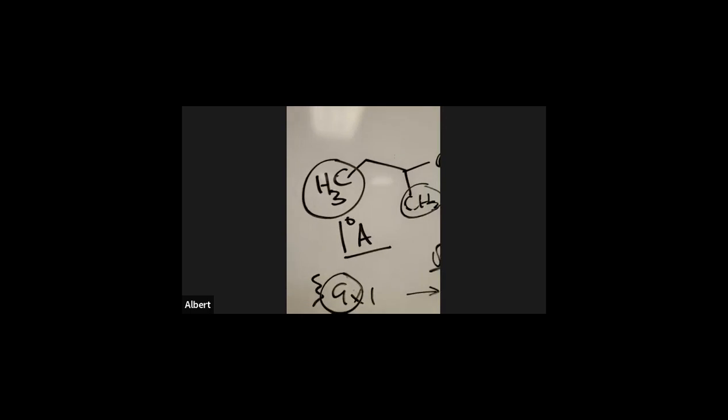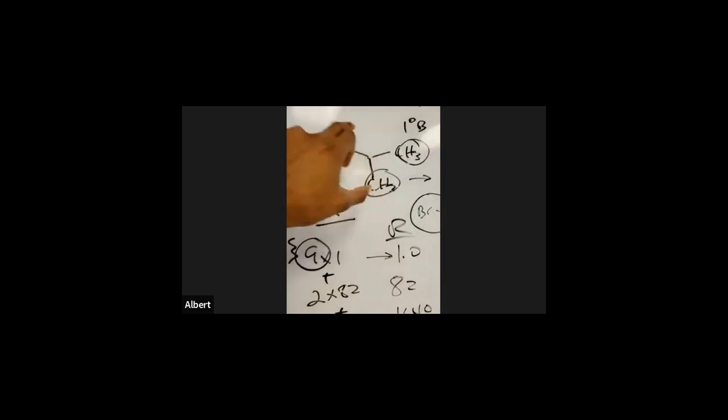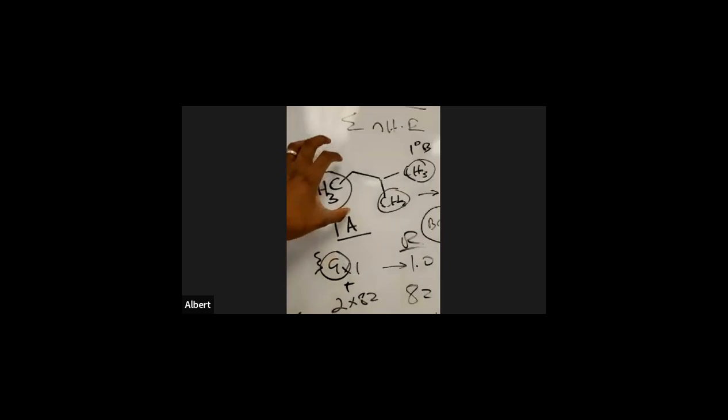The one farther to the left. Right, that's my starting material. You started with that one, but you calculated it as a product. Yeah, but I did radical substitution, and in radical substitution, each one of these positions is going to get halogenated. So this is where I'm counting my hydrogens on the starting material, because those hydrogens get pulled off in propagation.